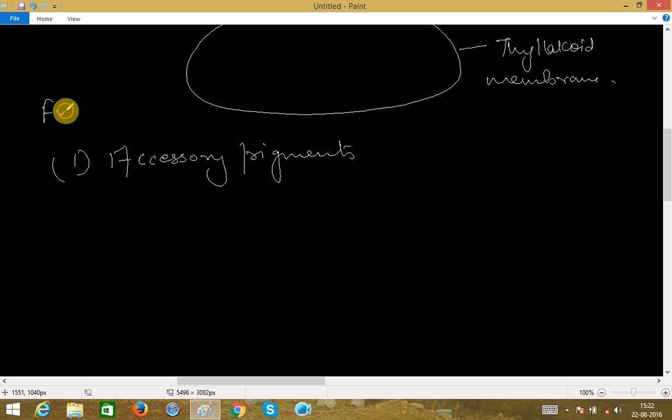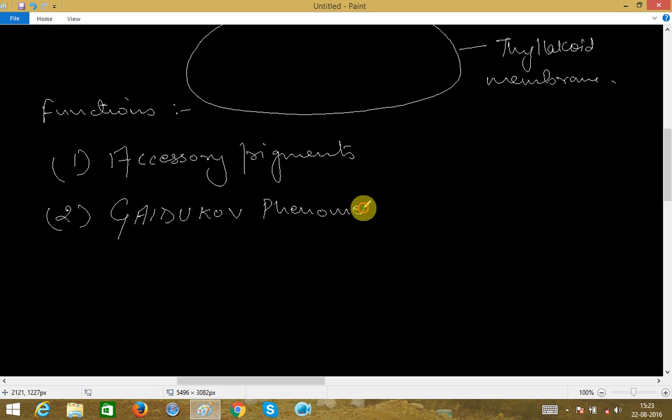These are the functions. Then second, they are associated with one very important phenomenon which is called the Gaidukov phenomenon, also called complementary chromatic adaptation.